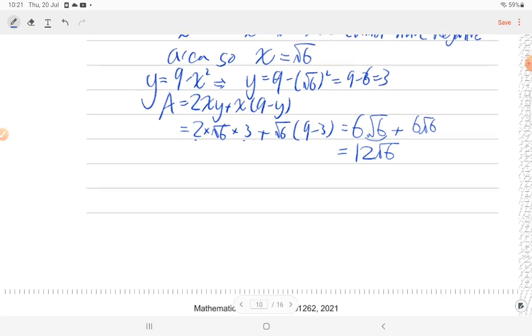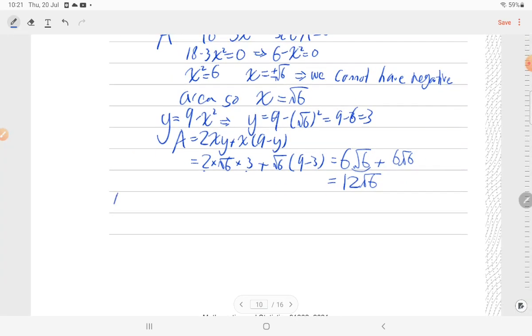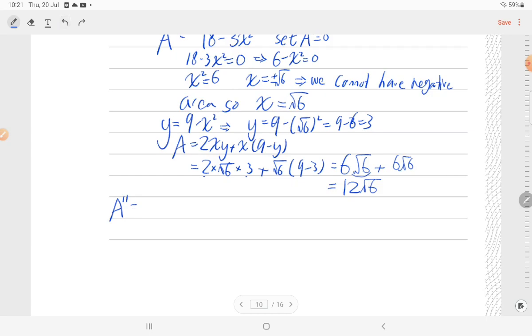We take the second derivative of A dash, A double dash, and if A double dash is less than 0, then it is a maximum. If A double dash is greater than 0, then it is a minimum.